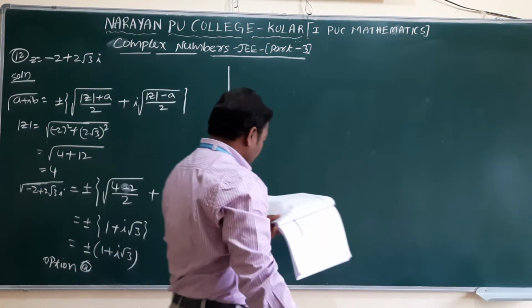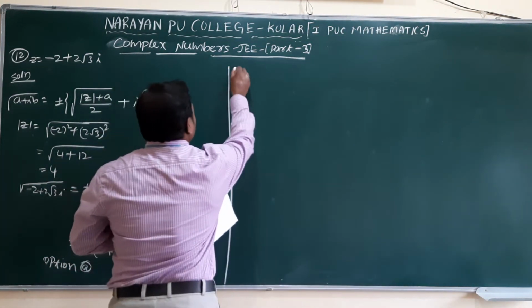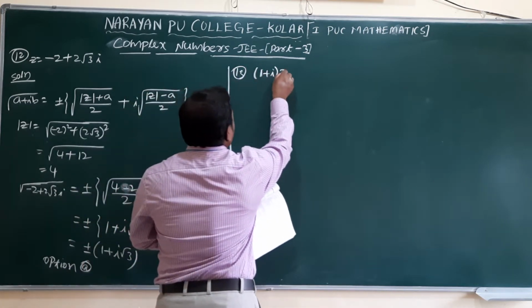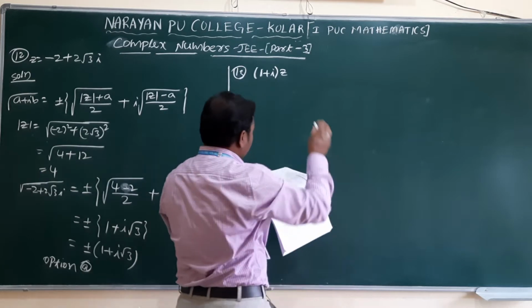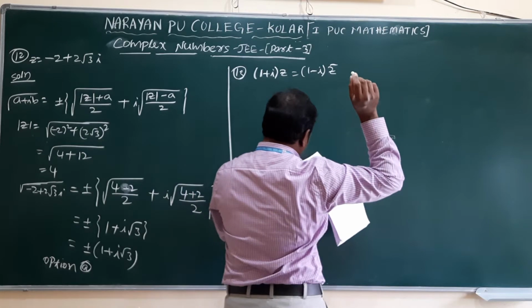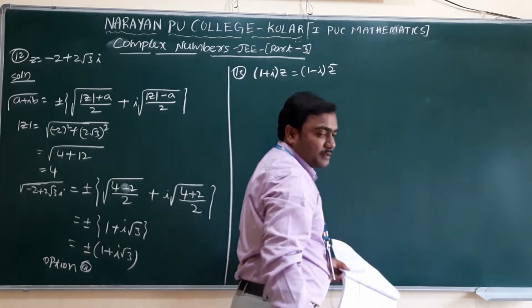This is question number 13. If 1 plus i into z is equal to 1 minus i into z bar, then z is.